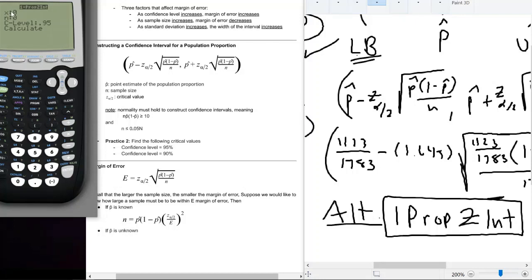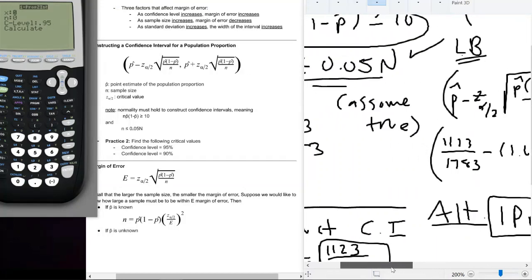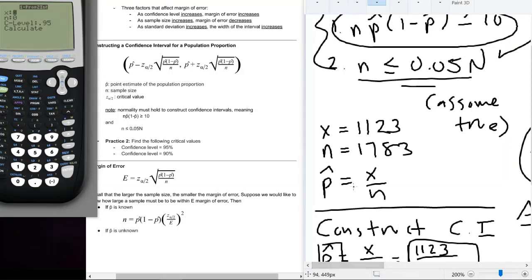It needs the characteristic of interest, how many we have, sample size, and the confidence level. By default, it puts the decimal with the confidence level. Okay, so we'll do the same as well. So let's go back to the information we collected. 1123, characteristic of interest.